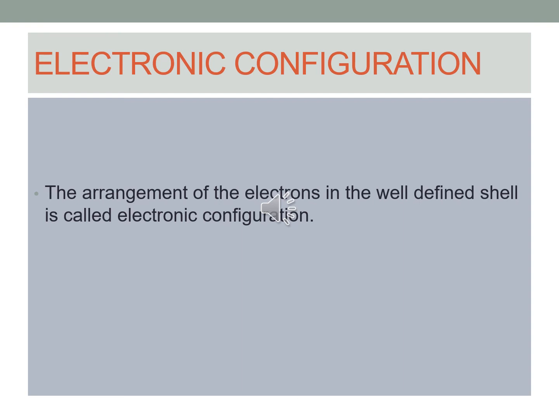Now, for example, look at figure 4.3, the electronic configuration of the carbon atom. Here you look at this electronic configuration of the carbon atom.